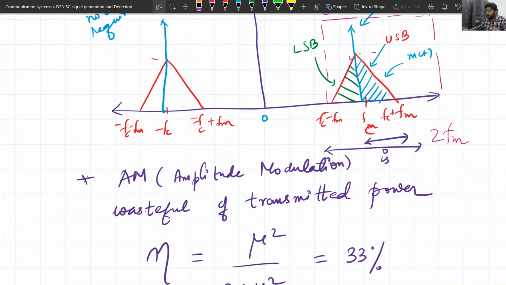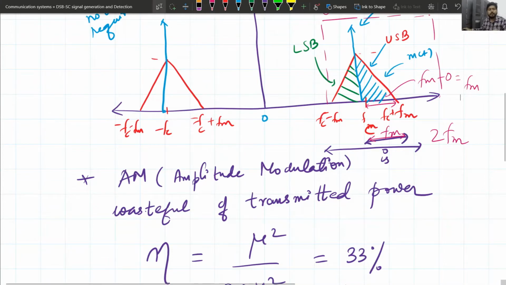But if we have the information of one of the sidebands, let's say the upper sideband, its bandwidth is fm minus 0 equal to fm only. So if we have the information of one sideband, we can determine the other as well.